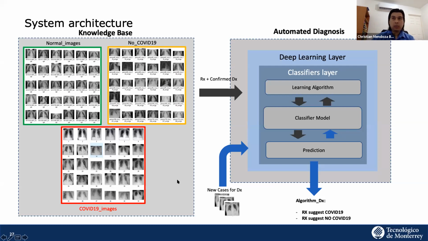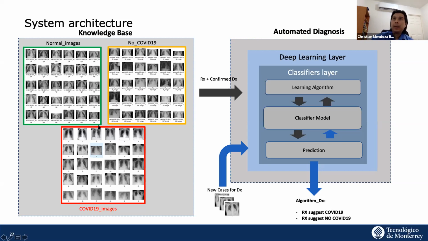The reason why X-ray and not something else like CT scan, which has far more resolution, is because in certain countries, such as Mexico, an X-ray machine is much more available in hospitals and different areas than a CT scan machine. It is also cheaper to obtain. So from an economic and resource point of view, it's much better to work with X-ray images.